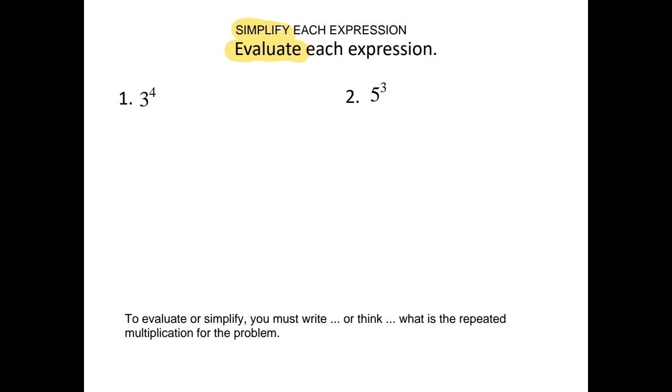Well, in problem number 1, this is 3 times 3 times 3 times 3. You have to write it out, or you got to think, how many 3's do I have? I have 4 3's. Well, now to evaluate, I multiply out. 3 times 3 is 9, times a third 3 is 27, times 3 is 81. This is our simplified or evaluated answer.